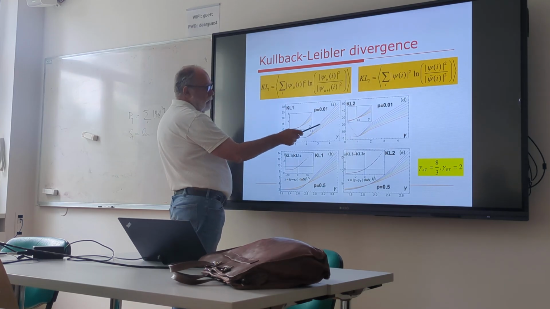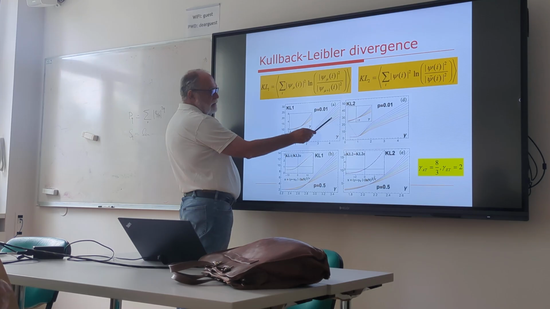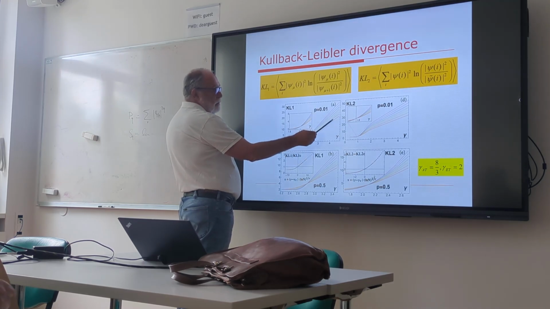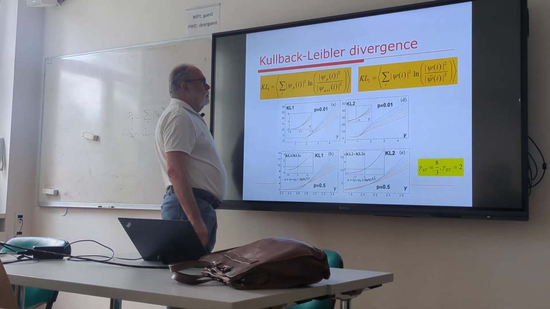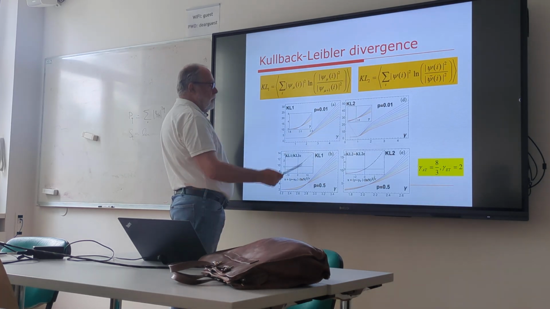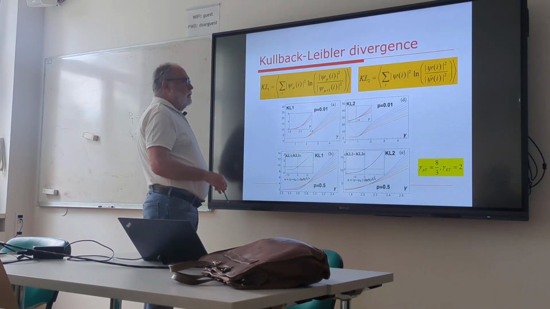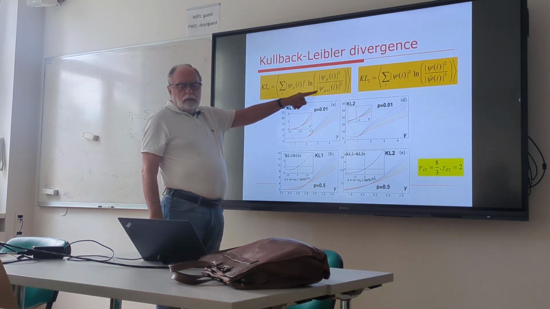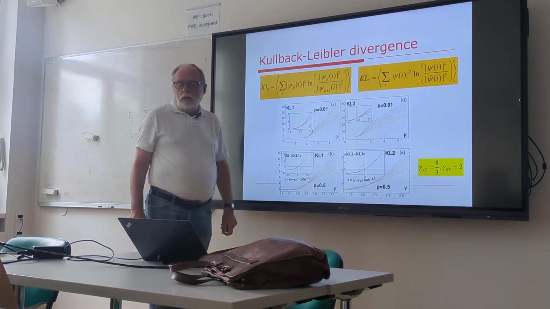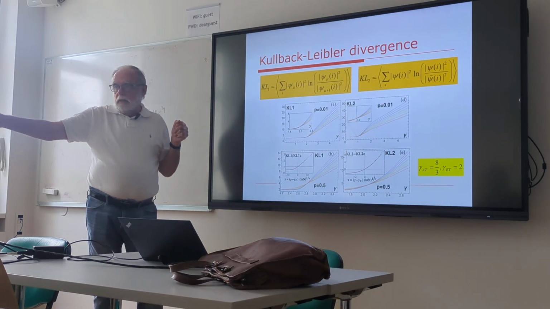I mean, different colors correspond to different sizes of the system. So when the size increases, this becomes divergent. And this is the Kullback-Leibler divergence. Why it becomes divergent is clear, because if you take even two neighboring eigenvectors, they will be very different in space.